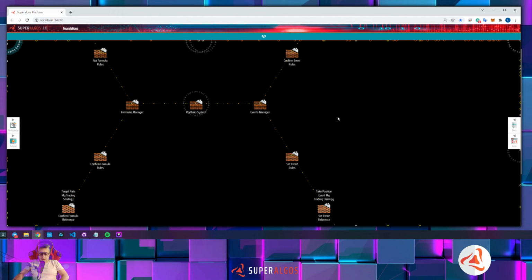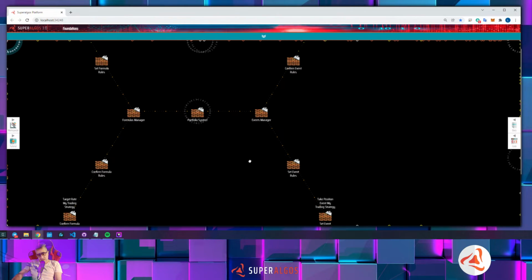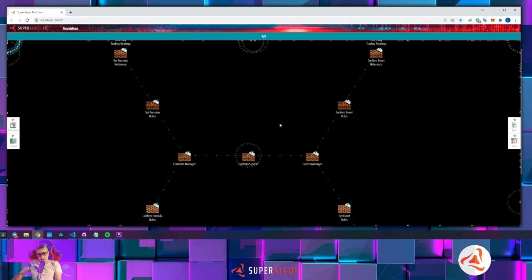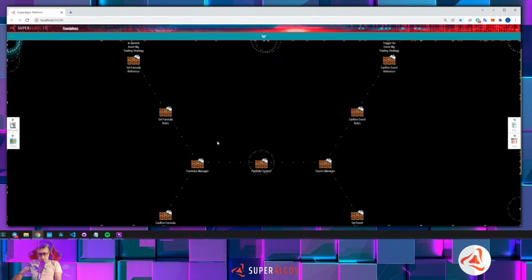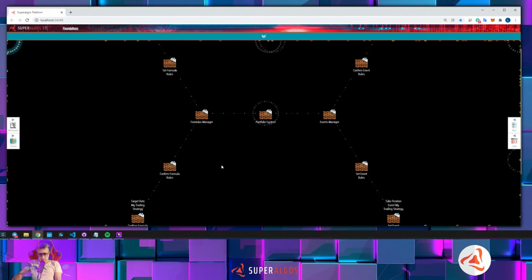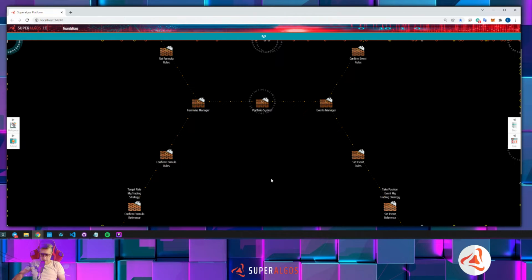Okay, so in that way, we are going to be giving the end user the power to decide almost about everything, because we are giving them the possibility to calculate information regarding risk and storing it at the trading engine before any of the trading bots will be requesting the formula manager or the event manager to confirm or set the values of their formulas.